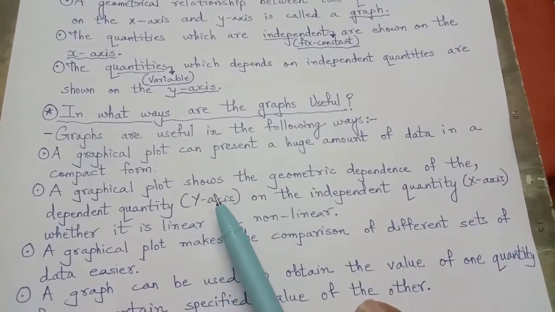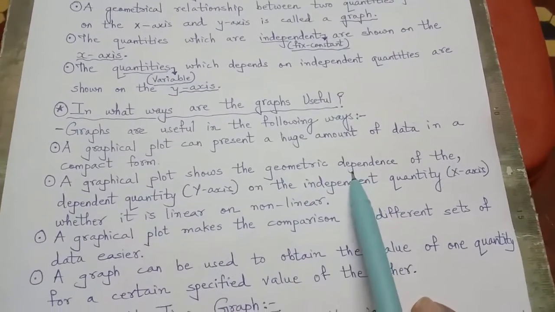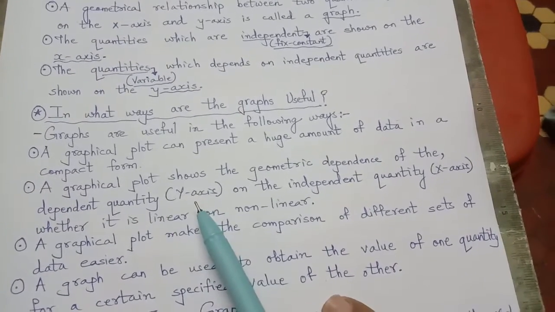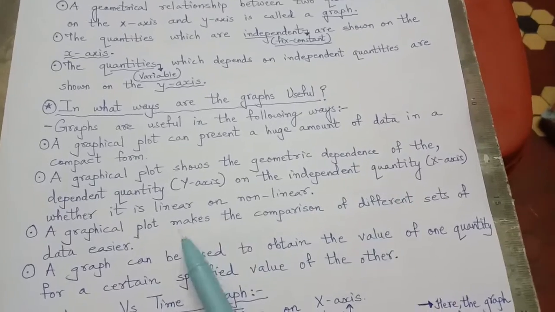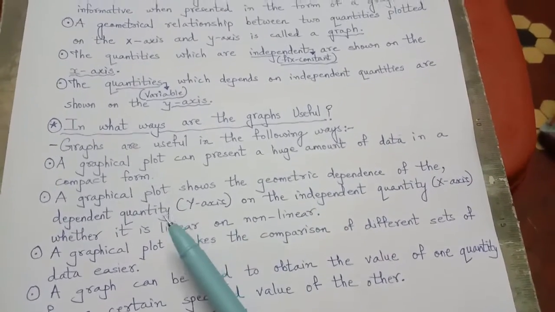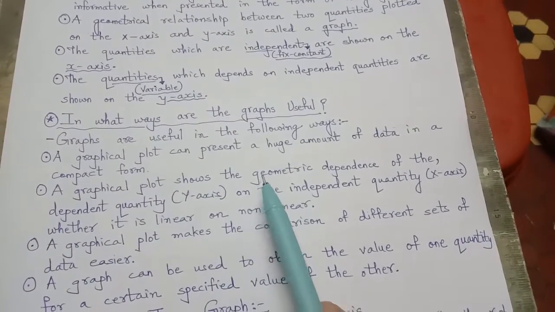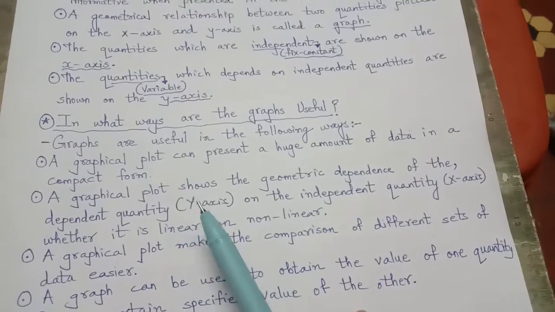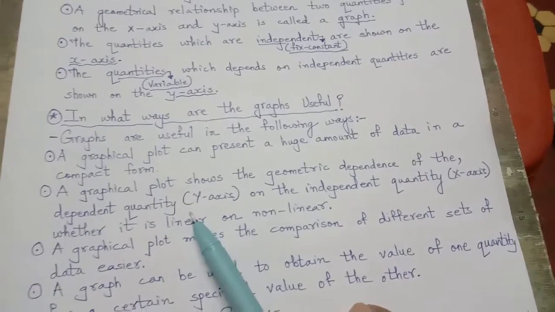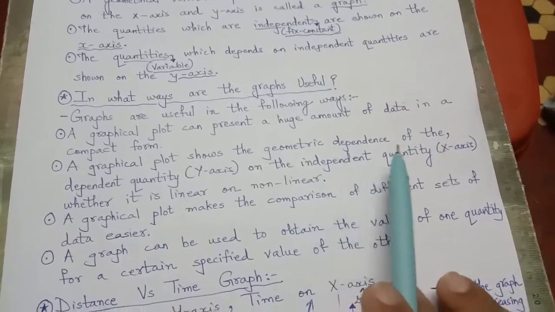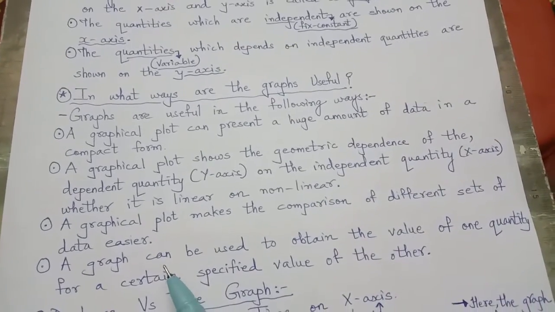A graphical plot also shows the geometric dependence of the dependent quantity on the independent quantity, whether it is linear or non-linear.